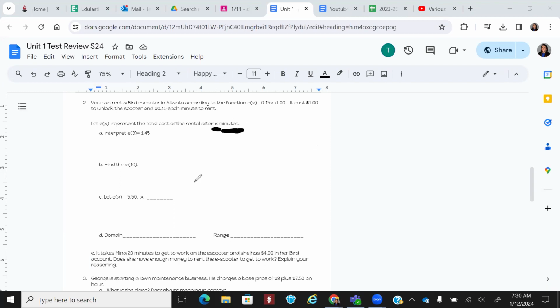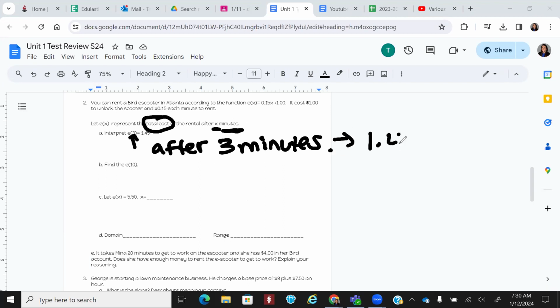So how many minutes do we plug in? After 3 minutes, we're representing the total cost. So it's going to cost $1.45. That's all it means by interpret.